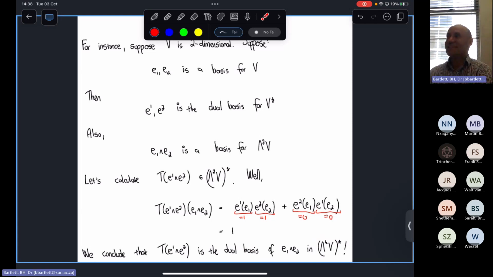Is that clear? Because it eats up this guy to give you 1. The dual basis of this guy would be the basis such that it eats this guy to give you 1 and anything else gives you 0. So that's what this thing is doing. It's eating this to give you 1.